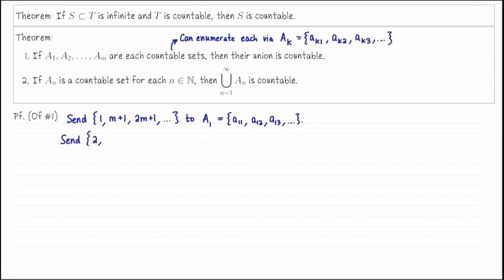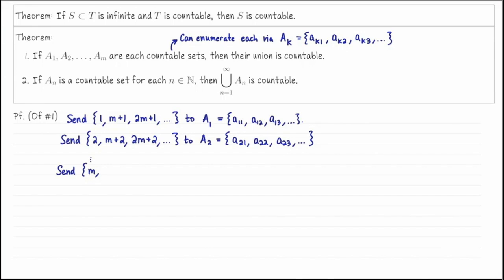Then we're going to send natural number 2, m plus 2, 2m plus 2, 3m plus 2, 4m plus 2, etc., to the set A2, which looks like A21, A22, A23, on and on. And we continue in this form. So we would send 3, m plus 3, 2m plus 3 to the members of A3, until we get all the way to number m, the natural number m.